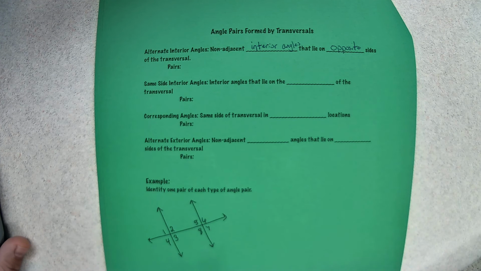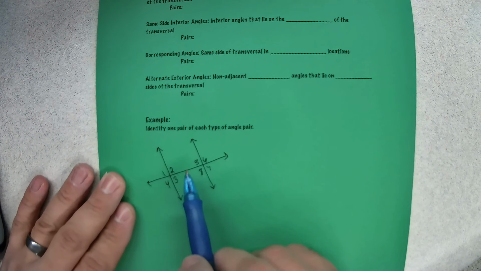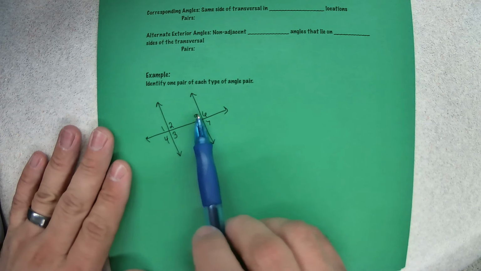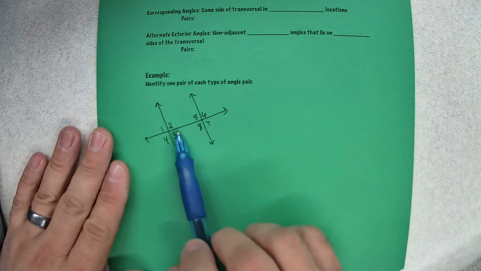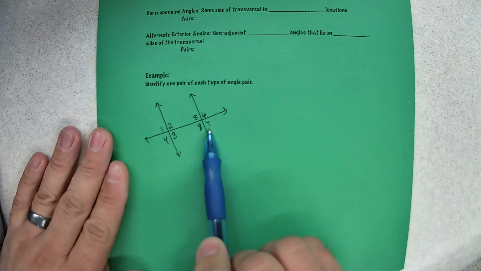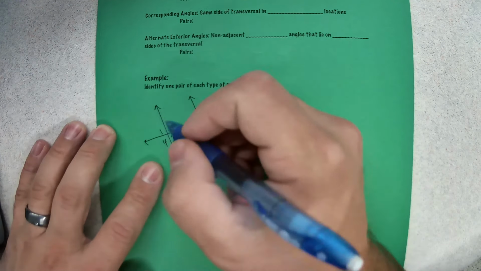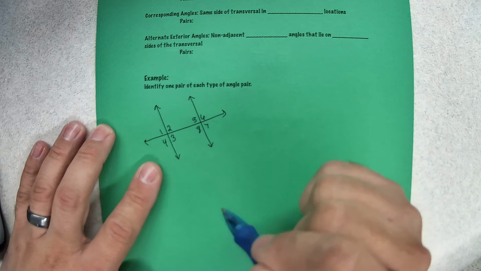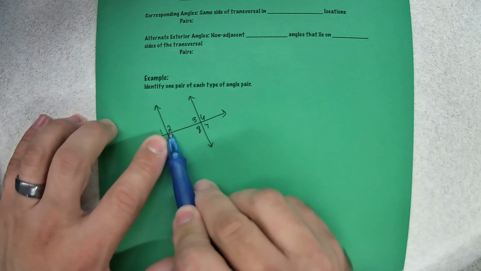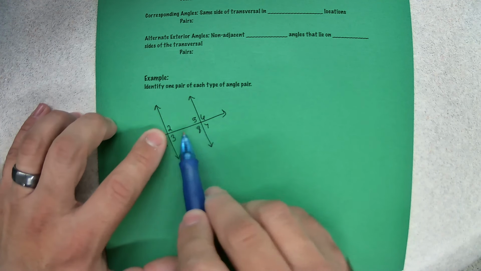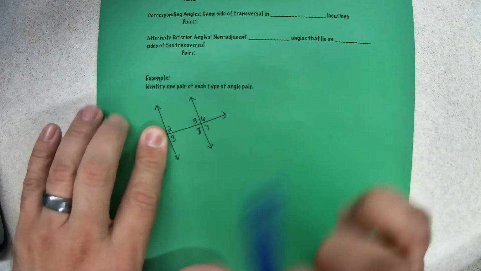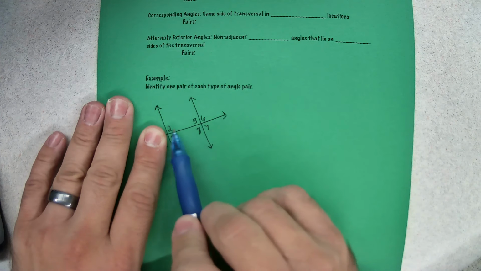So we can look down here. We have to be inside and they're non-adjacent, so they're on opposite sides of the transversal. Alternate interior would be angle 2 and angle 8. They're inside and on opposite sides of the transversal.